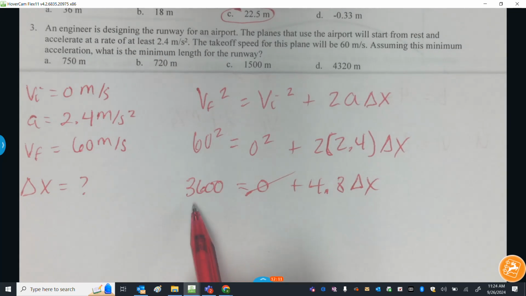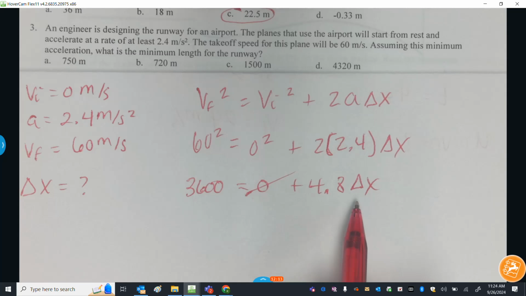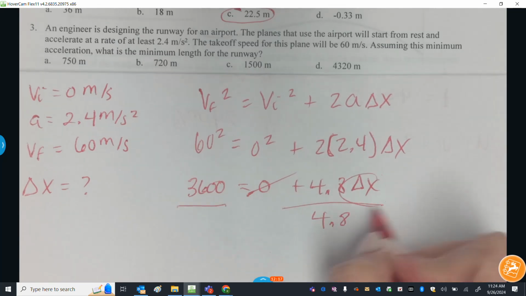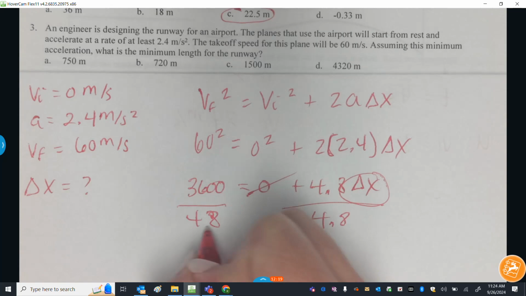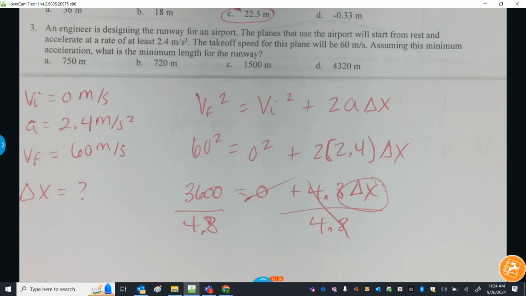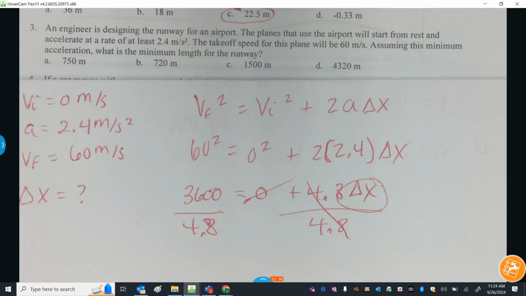So I have 3,600 equals 4.8 delta X. We're going to divide both sides by 4.8 because our goal is to get this by itself. Okay, so 3,600 divided by 4.8 is 750, which makes the answer to number 3 A.